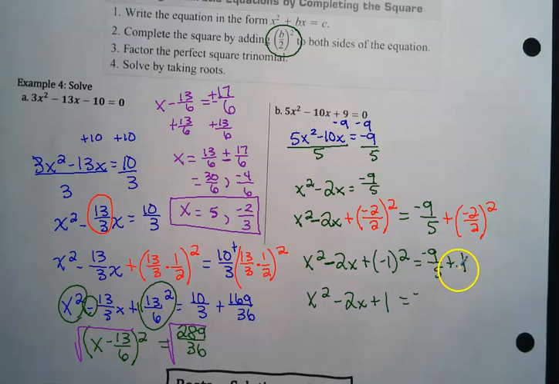So negative 9/5 plus 1 would be negative 4/5. So then we have our perfect square trinomial. So we're going to have x, it's subtraction, so minus 1 squared equals negative 4/5.